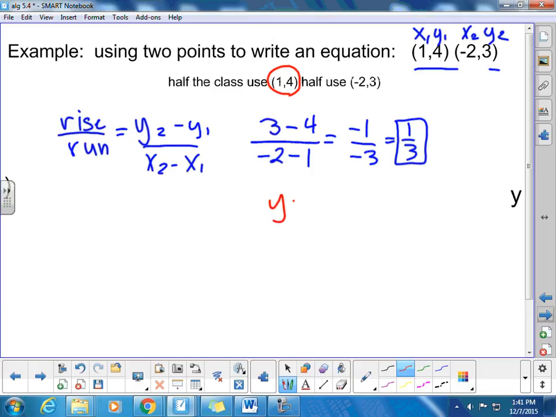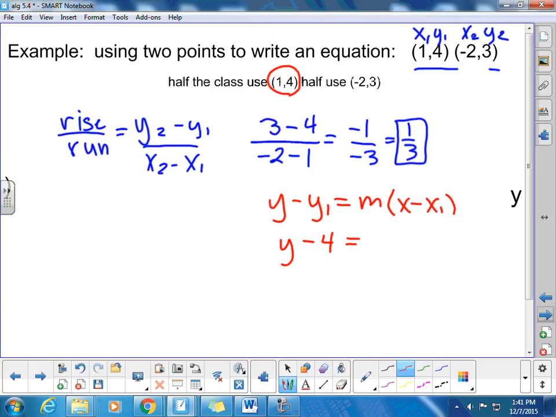And the equation again, y minus y1 equals m times x minus x1. Let's fill in what we know. Somebody tell me what the y1 should be. And you should have picked y minus 4 equals.